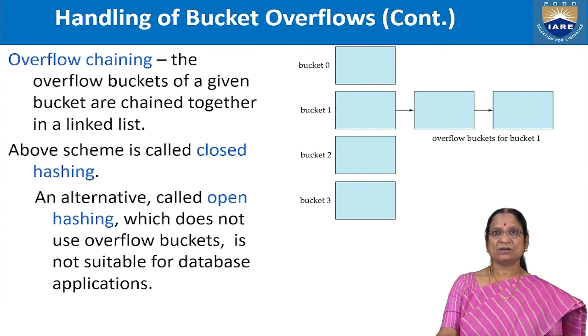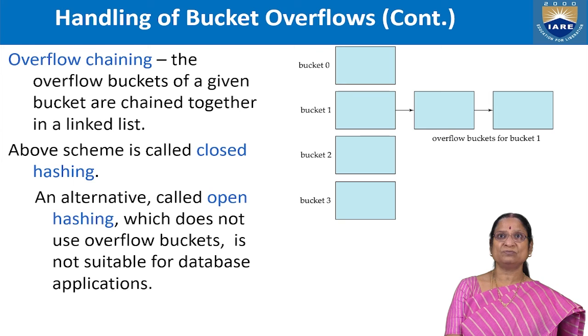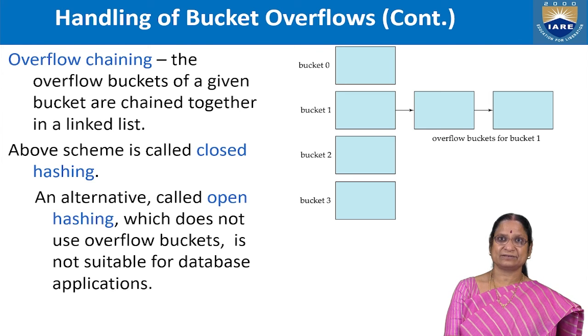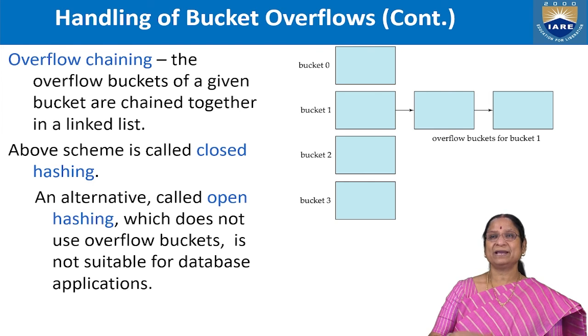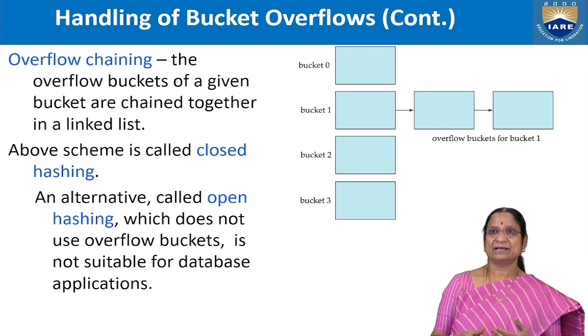If the buckets are not sufficient, more buckets are added, which is known as overflow chaining. Overflow chaining means the overflow buckets of a given bucket are chained together in a linked list. In such cases, new buckets cannot be added, so depending upon the hash function, the address will be among 4 or 5 buckets.